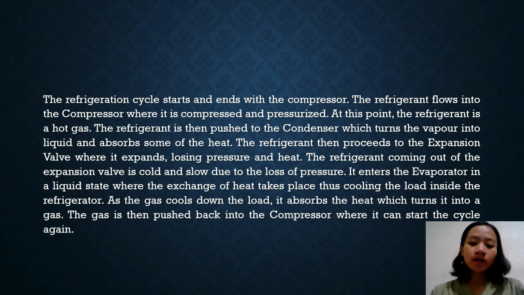The refrigerant coming out of the expansion valve is cold and slow due to the loss of pressure. It then enters the evaporator in a liquid state where the exchange of heat takes place, thus cooling the load inside the refrigerator. As the refrigerant cools down the load, it absorbs the heat, which turns it into a gas. The gas is then pushed back into the compressor where it can start the cycle again.